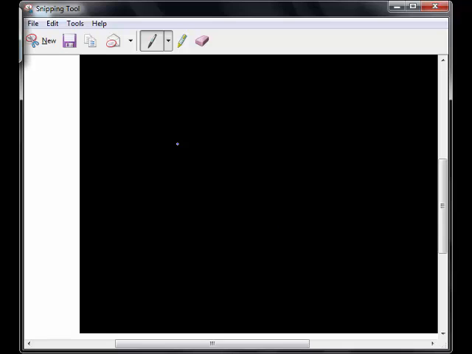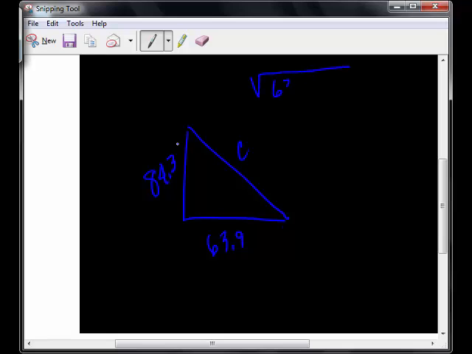A is 63.9, B is 84.3, so C is the square root of 63.9 squared plus 84.3 squared.